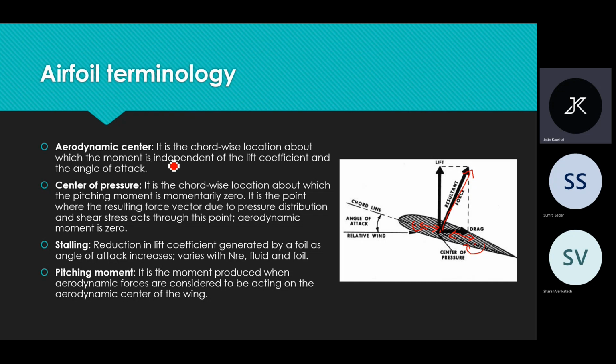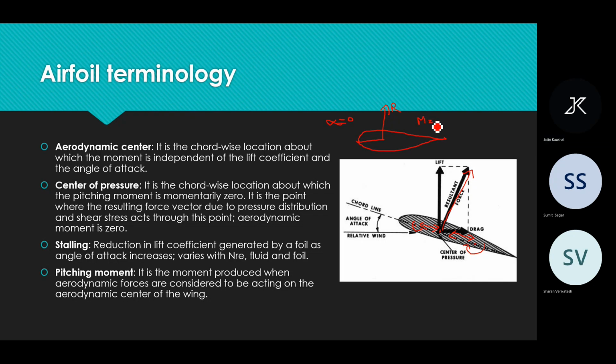Coming to the aerodynamic center, it is the chordwise location about which the moment is independent of the lift coefficient and angle of attack. If we consider an airfoil at zero angle of attack, alpha equals zero, and this is our total resultant force, and we consider the moment from the leading edge, the moment will be given by M equals R into d.